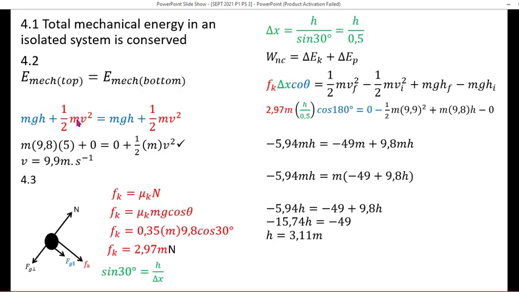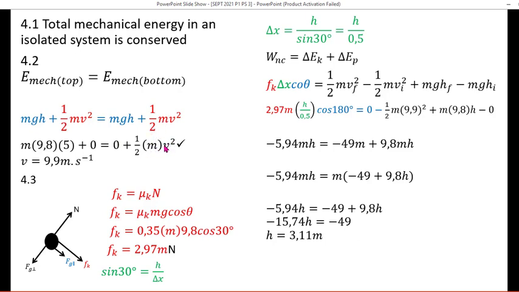So when you substitute 0 here, everything here becomes 0. It means that the kinetic energy at point A is 0, and it is equal to mgh plus half mv squared at the bottom. At the bottom, that is point B, the height is 0, it is on the ground, so we substitute 0 for the height, and everything here becomes 0. Then we have half times the mass, we are not given the mass, times the velocity squared.